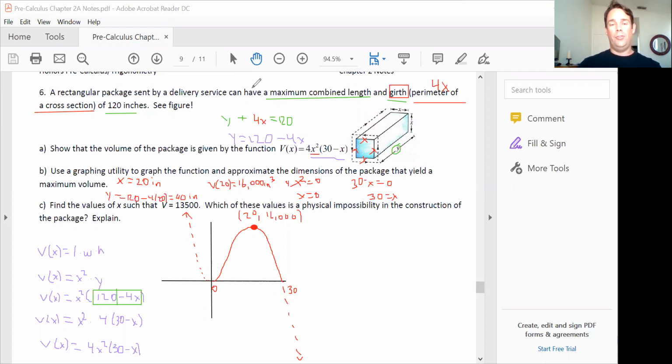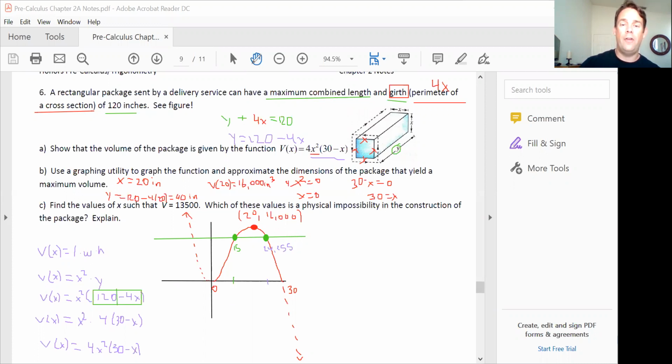And it says, find the values of x for when the volume is 13,500. If I were to draw a horizontal line, I would use the intersect function of my graph to figure out where these are. Notice there are two values that are going to work great for me. One value is where x equals 15, and the other value is right here where x is 24.255.